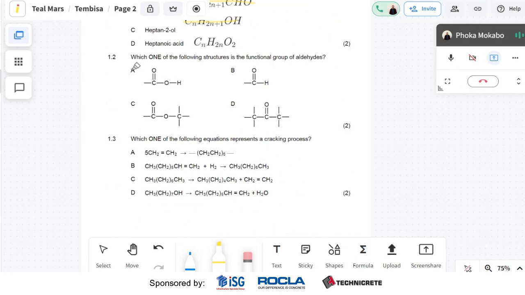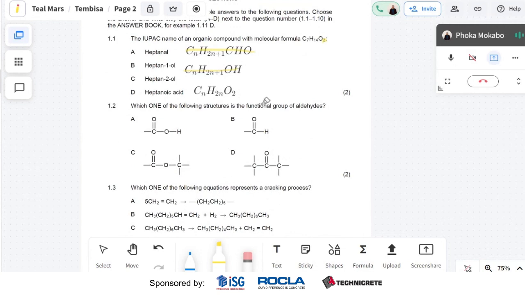Now, we cancel out option A simply because this has two oxygens, and two oxygens is the hallmark of a carboxylic acid. We saw in question 1 over here that it is the only homologous series group that will have two oxygens. The others will either have one oxygen or zero oxygens, apart from an ester, but we'll get to that in one of the following questions. Okay, so A unfortunately is out.